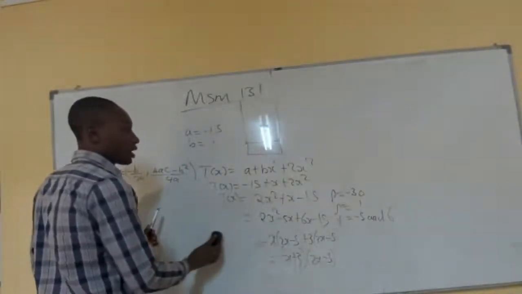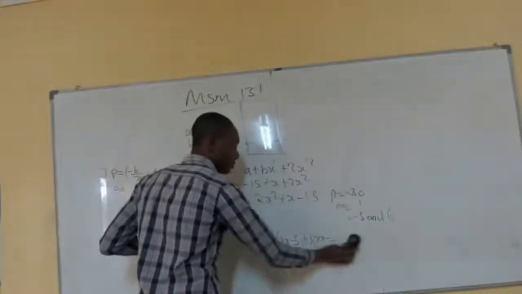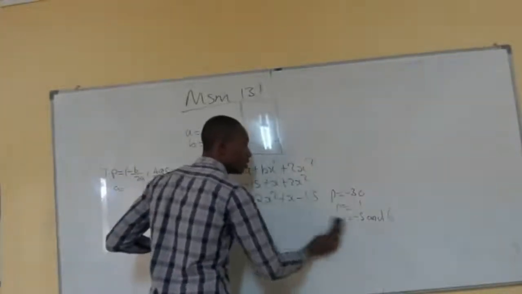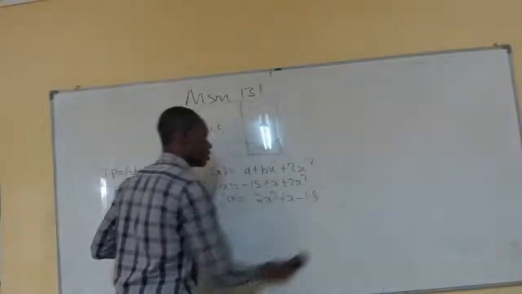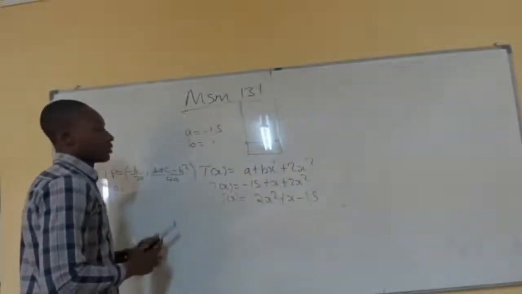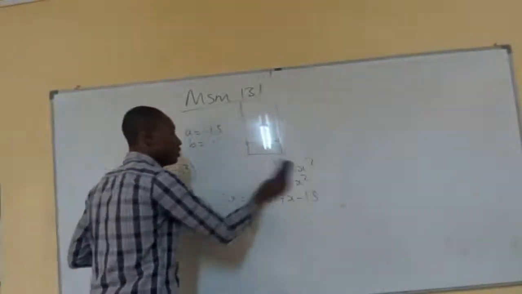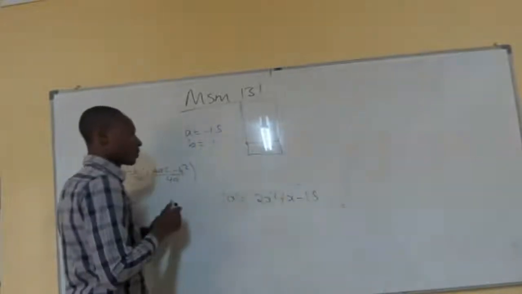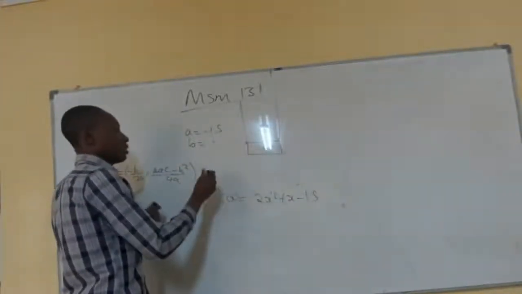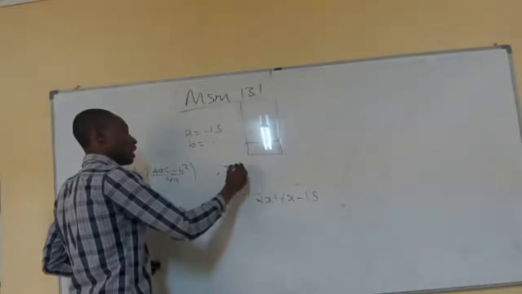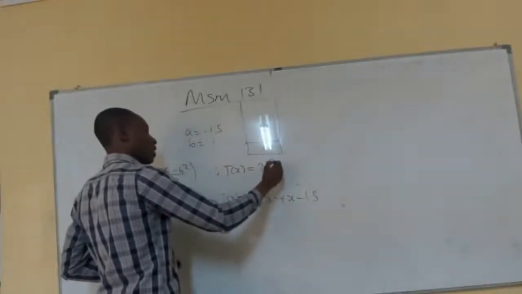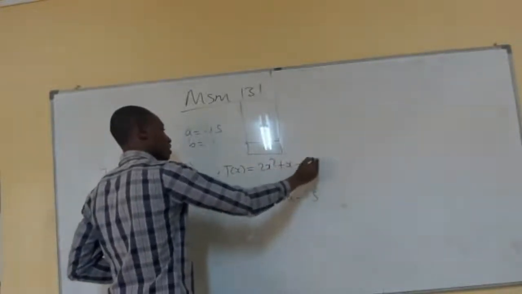So what I'll do is I'll just erase this part. We know that t(x) has been given as 2x squared plus x minus 15.